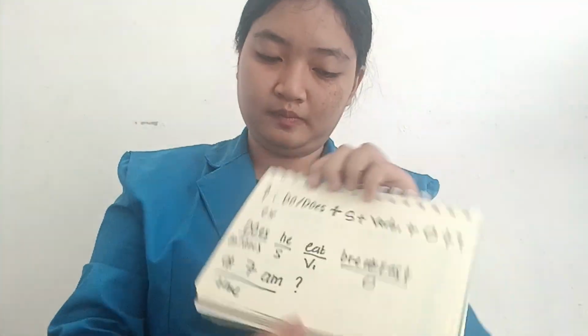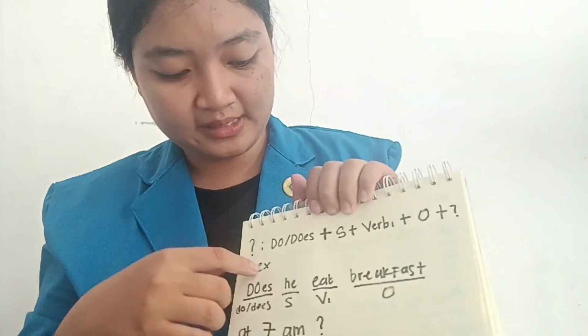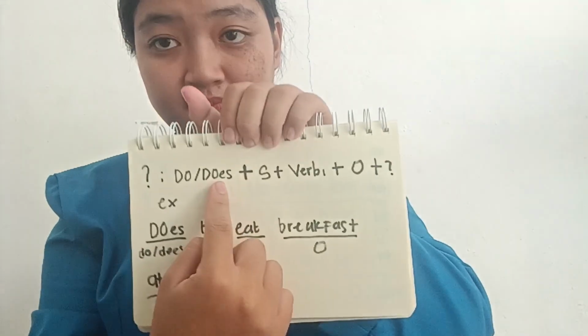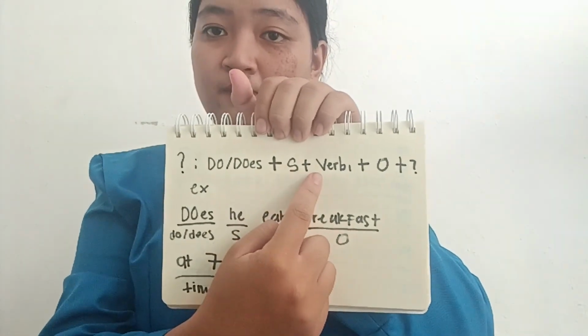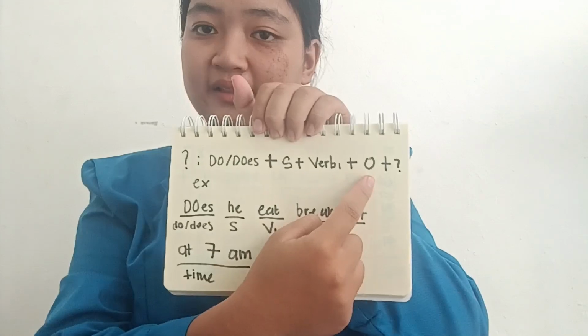Next, for interrogative, the formula is do or does plus subject plus verb 1 plus object.